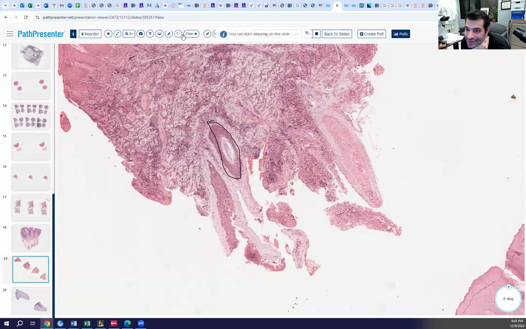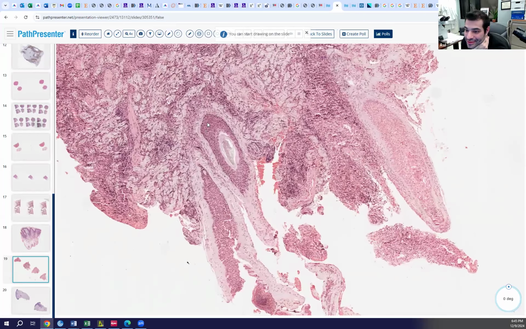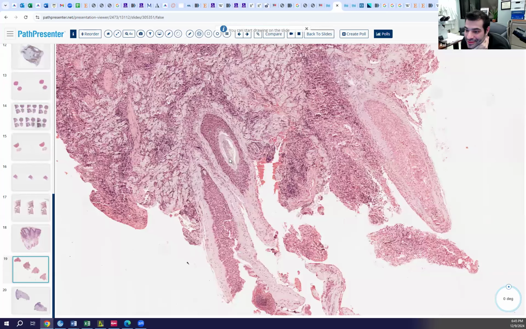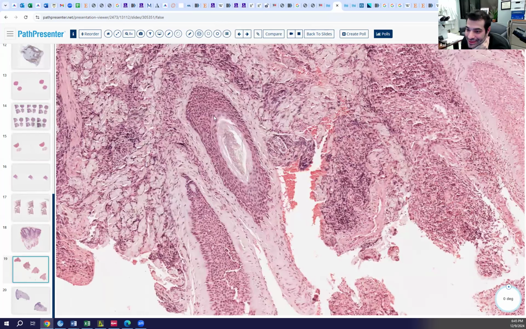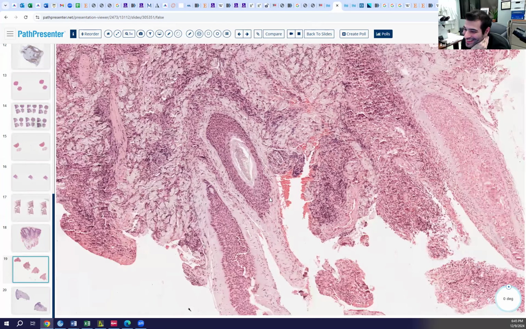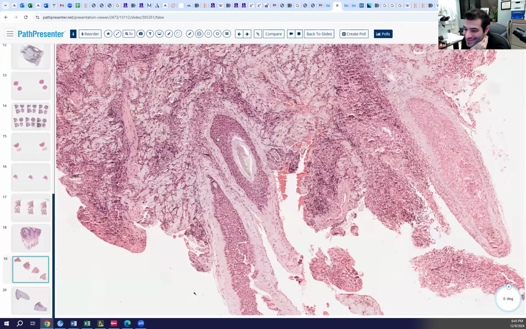What's this structure? What structure has an outer root sheath, an inner root sheath, a hair shaft? A hair follicle, right?